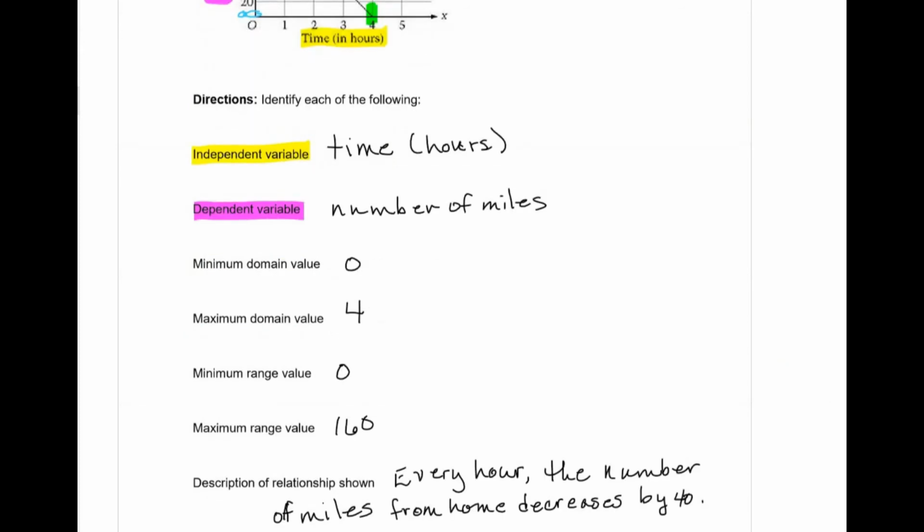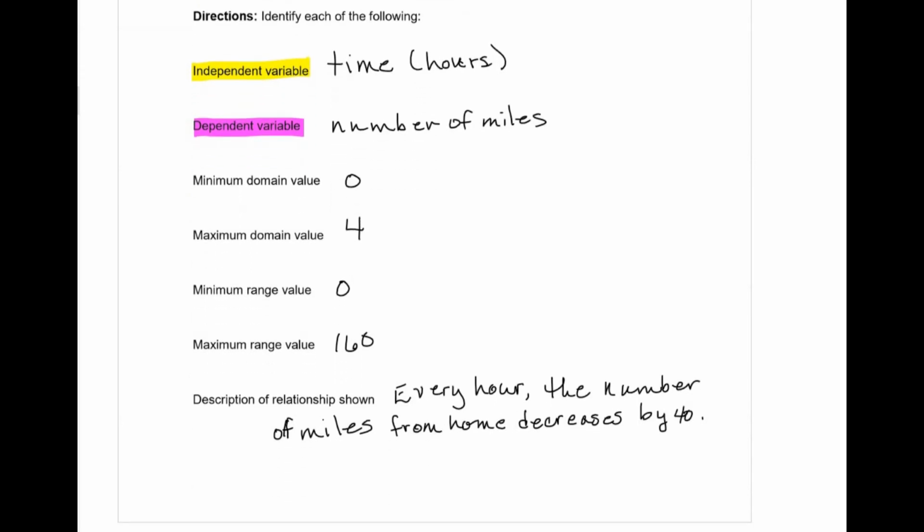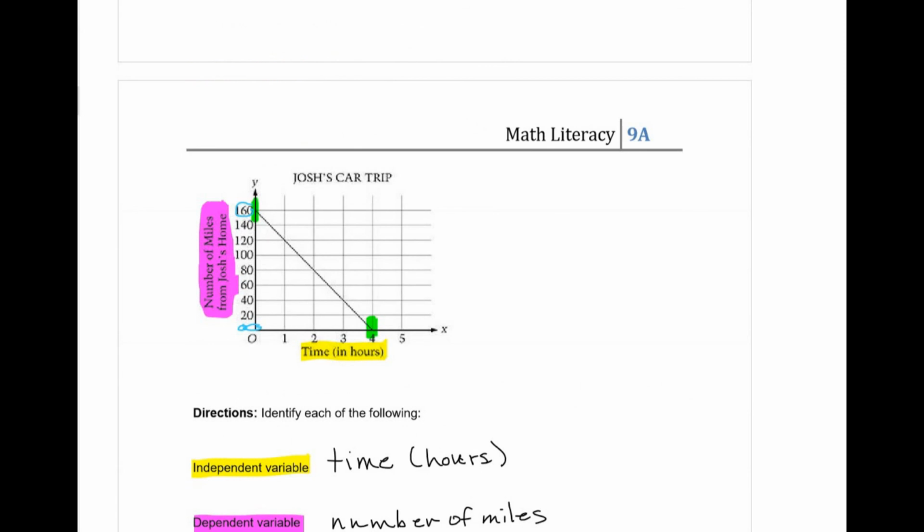And the description of the relationship shown: for every hour, the number of miles from home decreases by 40. So that was kind of detailed, and it gets into rate of change, which is in our next lesson. A little bit more real-world way to say this is that John's getting closer and closer to home.